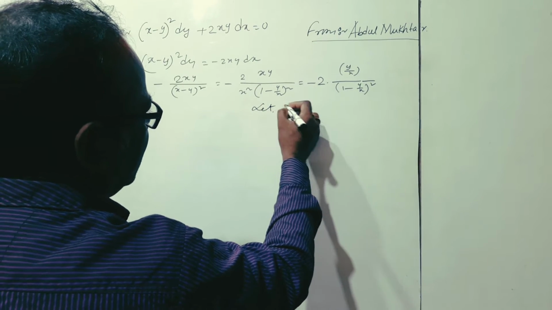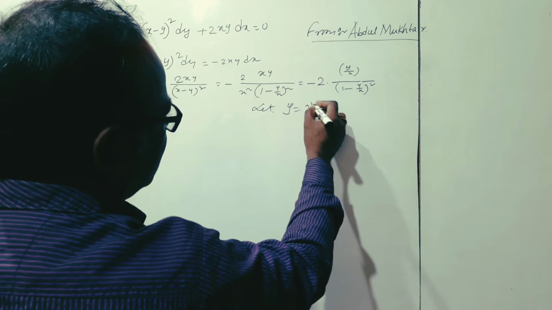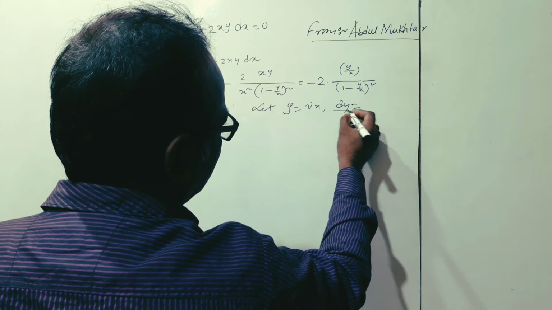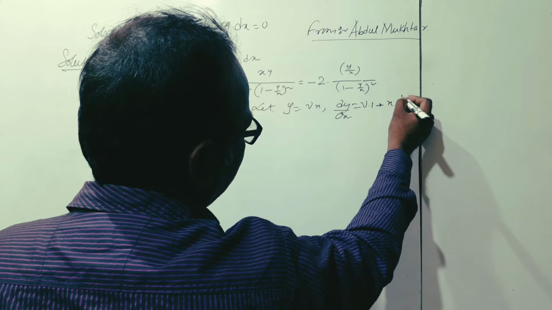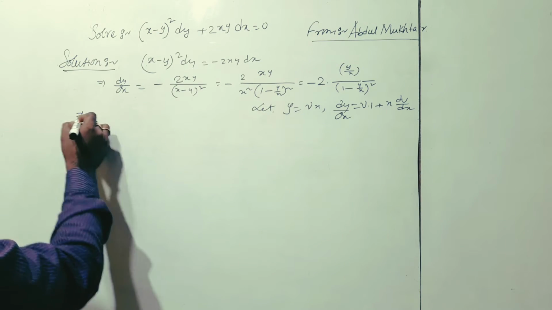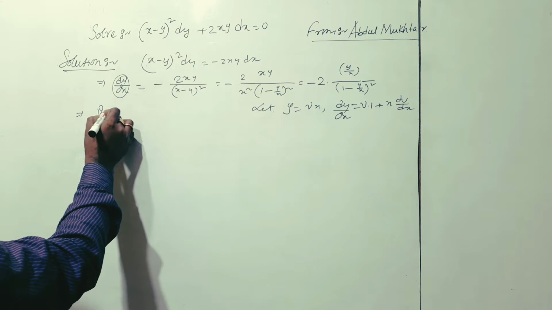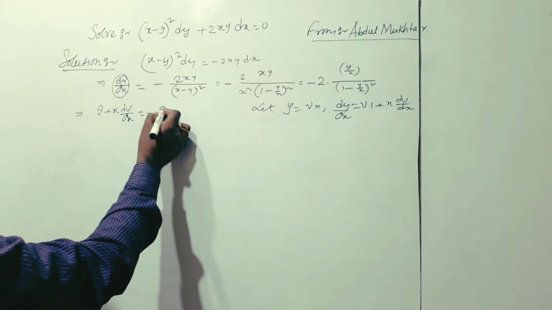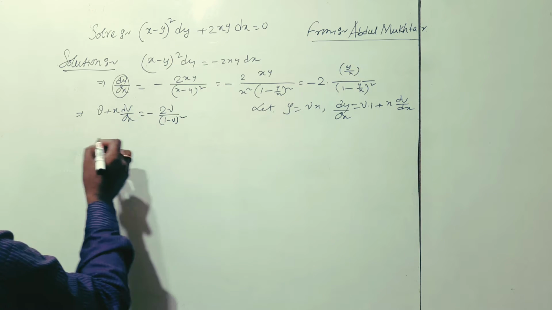So let y equal to vx. If we differentiate, dy by dx is equal to v times the derivative of x, which is 1, plus x into dv by dx. From this, in place of dy by dx, we put v plus x dv by dx equals minus twice v over 1 minus v whole square.